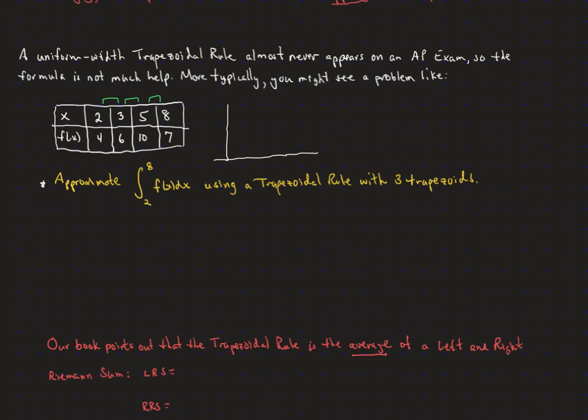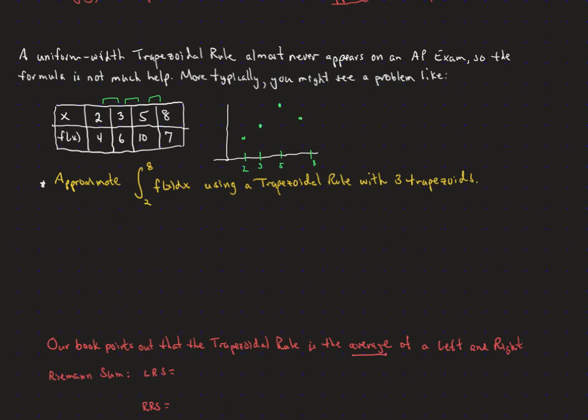So we're going to say there's 2, and here is 3, and there's going to be 5, and here is going to be 8. And I'm not going to be concerned really about the accuracy of these heights, but we're going to say here's 4 for 2, and then up to 6, and then way up to 10, and then back down to 7.